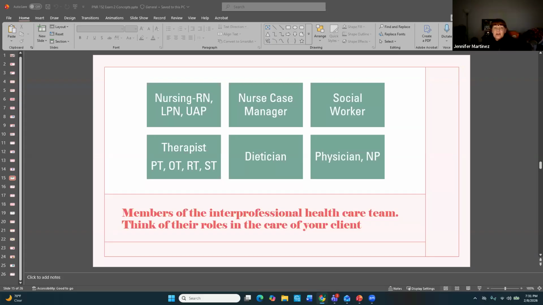You're correct. Your OT works on ADLs, right? Your bathing, cooking, doing your laundry, getting dressed. So they focus on ADLs and things around the house. Exactly, good job. Respiratory therapists work on respiratory rehab.